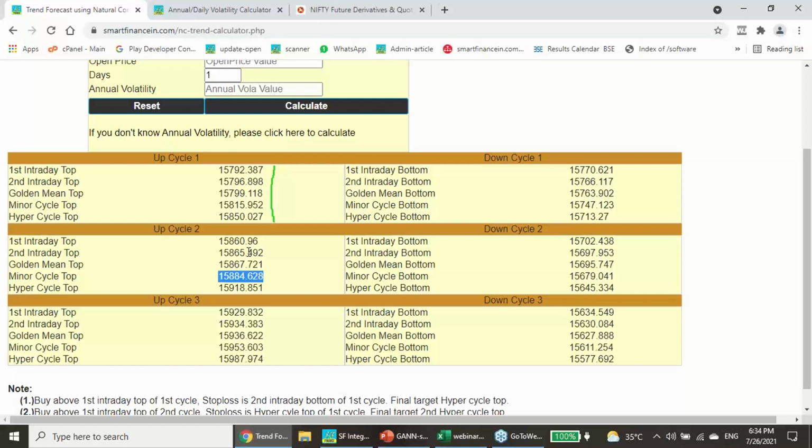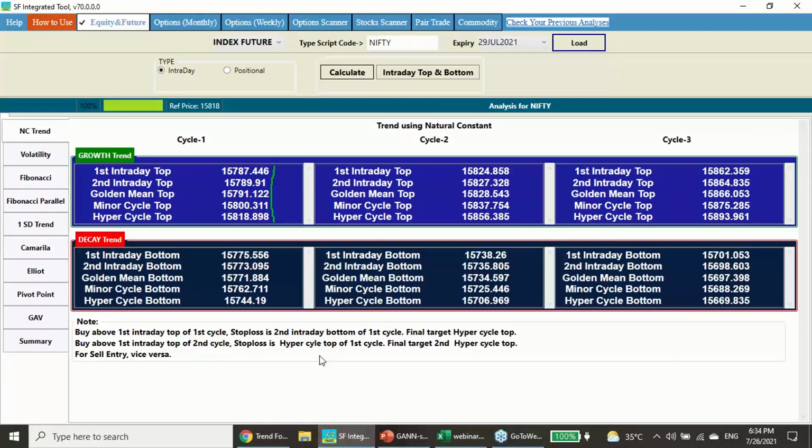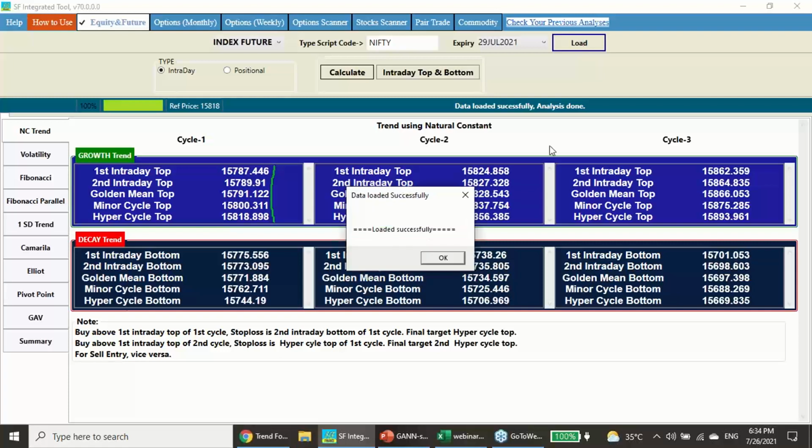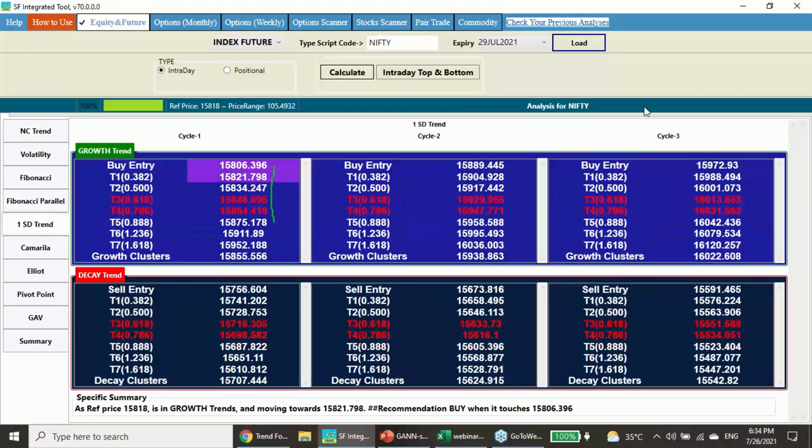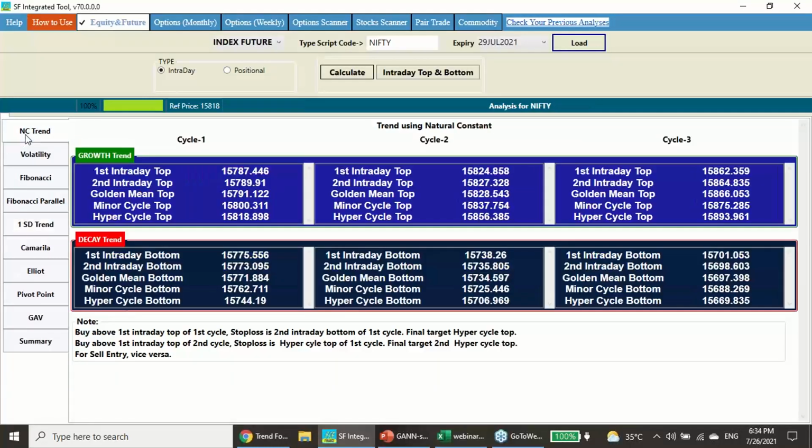If it could have taken the real volatility, the real-time volatility, what could be the result? Suppose you are using our software, which calculates the real-time volatility as soon as the market opens, and until the third cycle has come, it will not change this value. As per our calculation, this says 15,871.